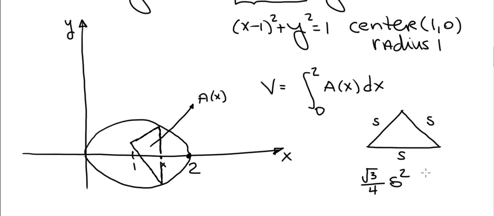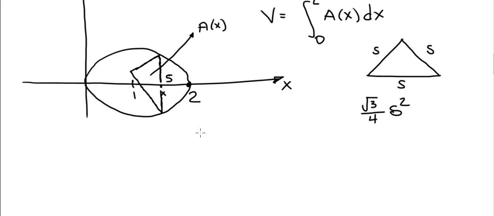So all we have to do is express the length of a side of this triangle as a function of x. So here is our s. As you can see, it can be computed in one of two different ways. First, we note that if we solve, y squared is equal to 2x minus x squared.